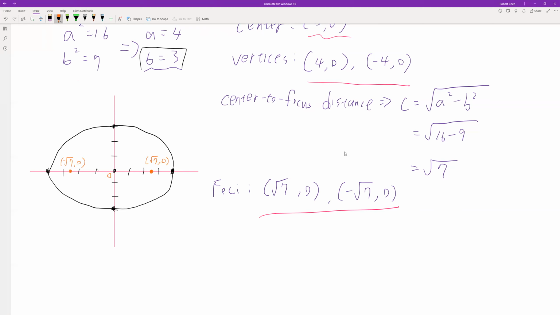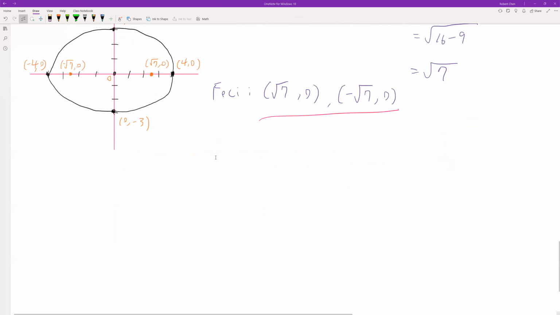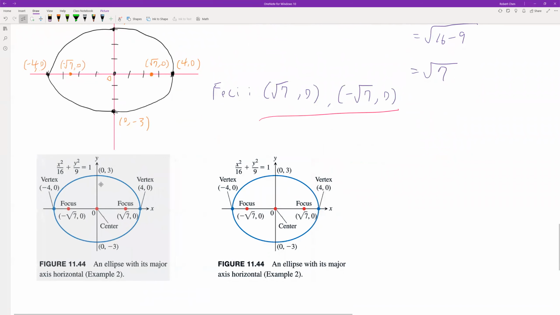And that's about it. These are our labeled vertices, and (0, -3). Okay, so that's about it. We have all the points on our ellipse. And to show you a better picture, this is what we have.